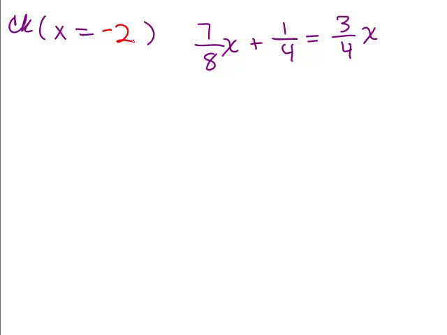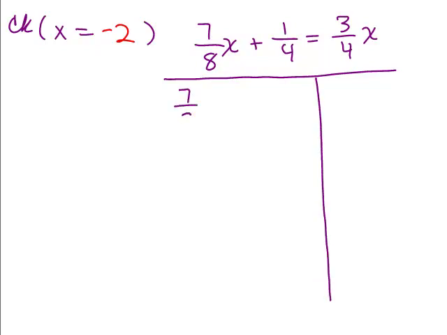Is negative 2 the correct solution? So we have 7/8 times negative 2. I'm going to write that as negative 2 over 1 plus 1/4. So we're just going to simplify the left-hand side first, and I got to decide if I want to cancel or not. I've got 4 over here. If I cancel, I'll have a 4 over here.